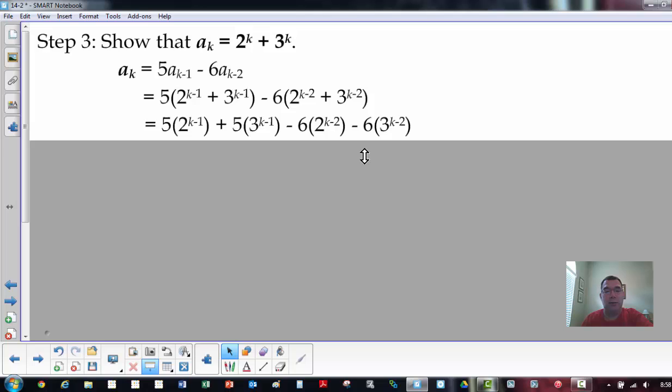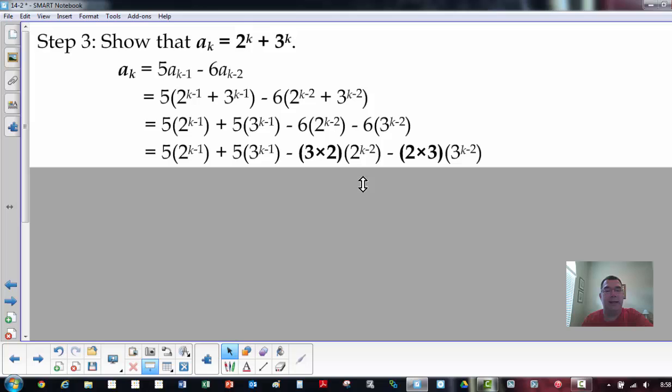So to create higher powers of 2 and 3, I can write this 6 as 3 times 2, and I can write this 6 as 2 times 3. That gives me an extra 2 to combine with the k minus 2 2's, and an extra 3 to combine with the k minus 2 3's.